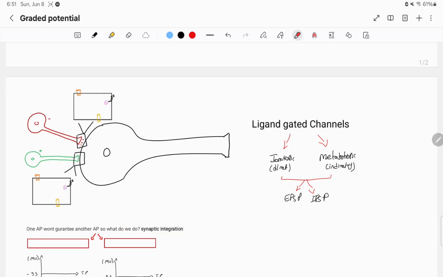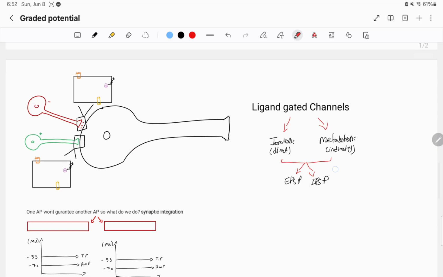So really, it is the combination of the EPSPs and IPSPs. If I add all of those together, the number that I get will determine whether this neuron reaches threshold potential and causes an action potential, or doesn't reach threshold potential and doesn't get an action potential.